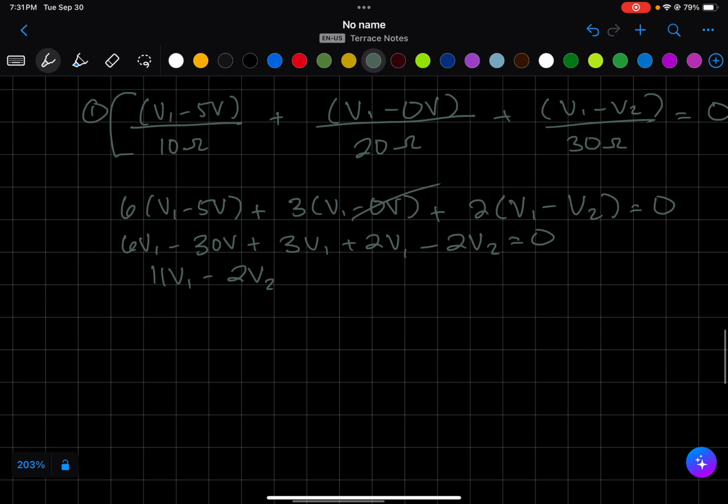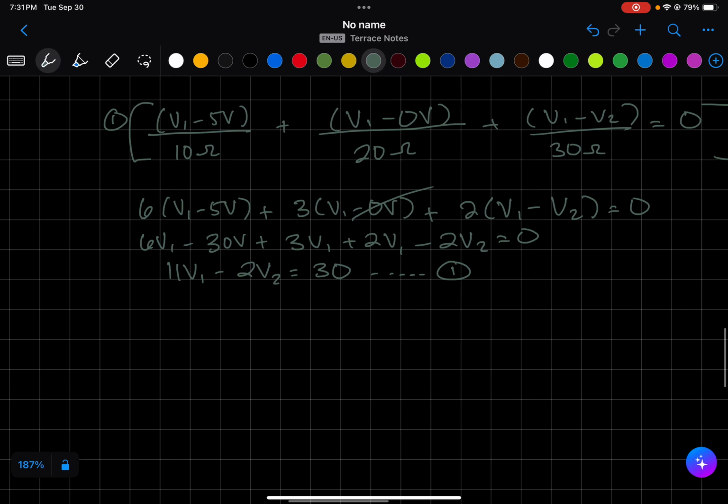And then I guess this will be our constant value, so we're going to move it to the other side. And then that'll be our first equation.